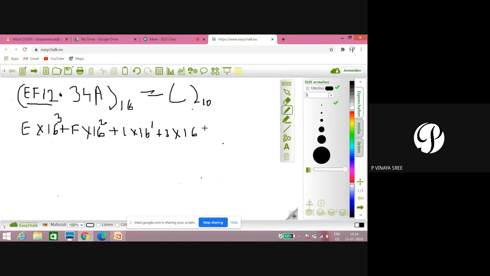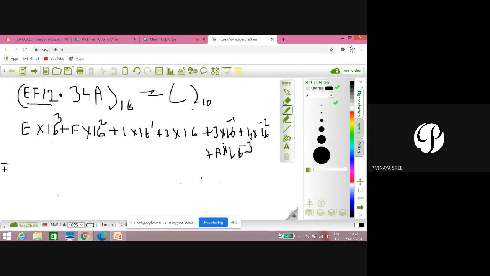So for the fractional part, again we have to add plus 3 into 16 plus 4 into 16 plus A into 16. What is the power here? For 3 into 16, it is power -1, then -2, -3.